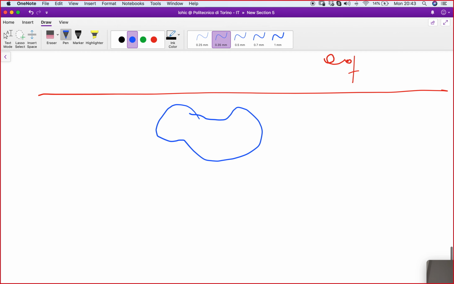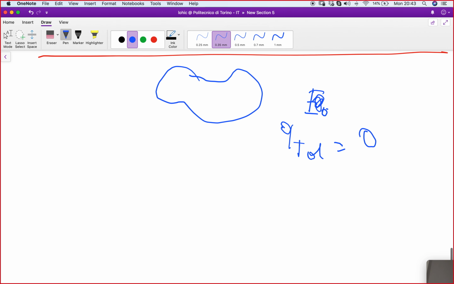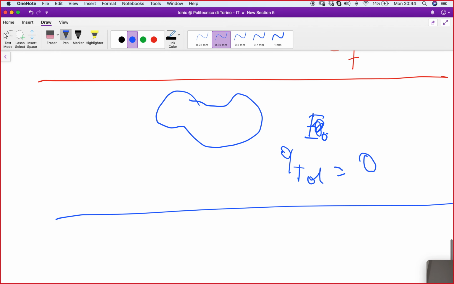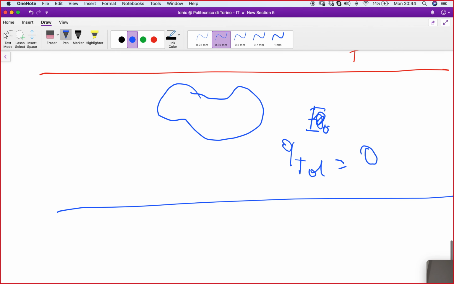The total charge on any neutral matter is always 0. Yes or not? Now suppose I have this conductor. When I give you a simple conductor, the total charge on it is 0.